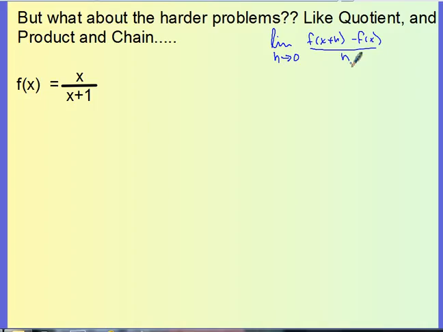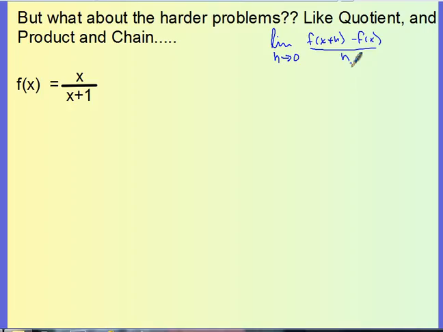Okay? So, here's my suggestion. You guys notice that this is already a quotient, right? And then this is already a quotient. So I'm going to have a quotient on top of another quotient, which can get crazy, correct?